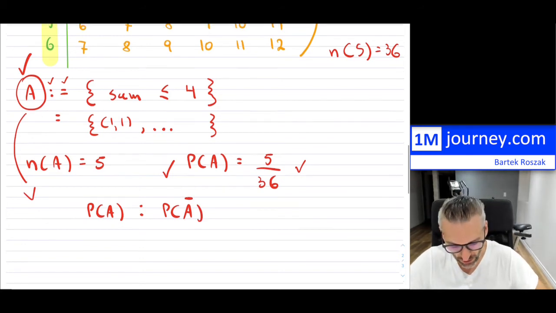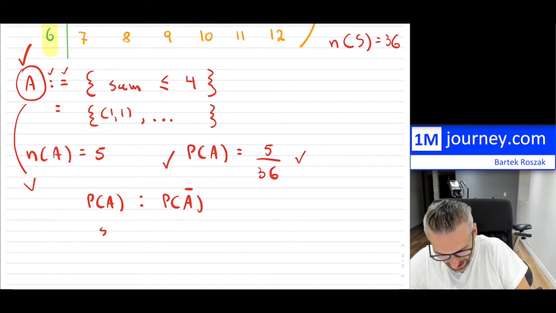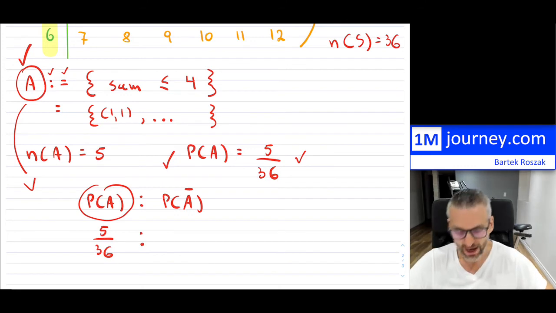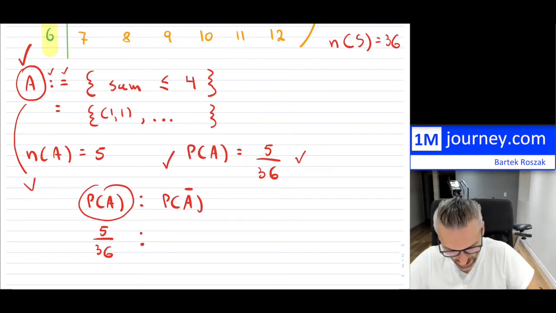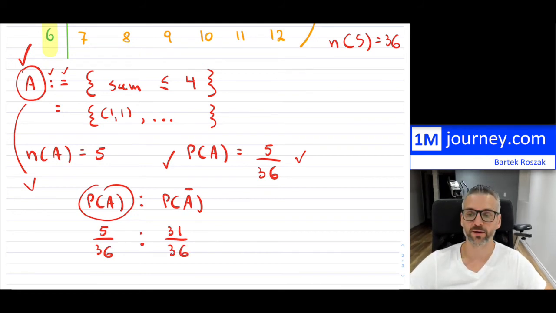So you would have 5 over 36, which is the probability of A, to. Now, probability of not A, well, that would be 31 over 36, right?